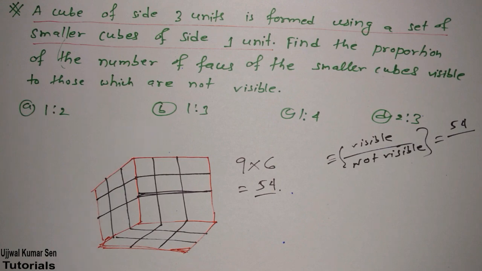Now think about this. How many small cubes are there? If we can find out about it, then things will become quite easier for us. Are you getting my point? If we can find out, then we can easily find out the answer. So our main motto right now is to find out how many small cubes are there.